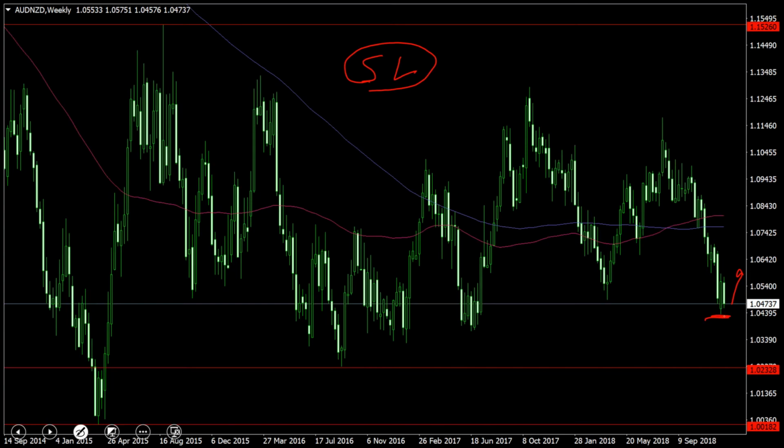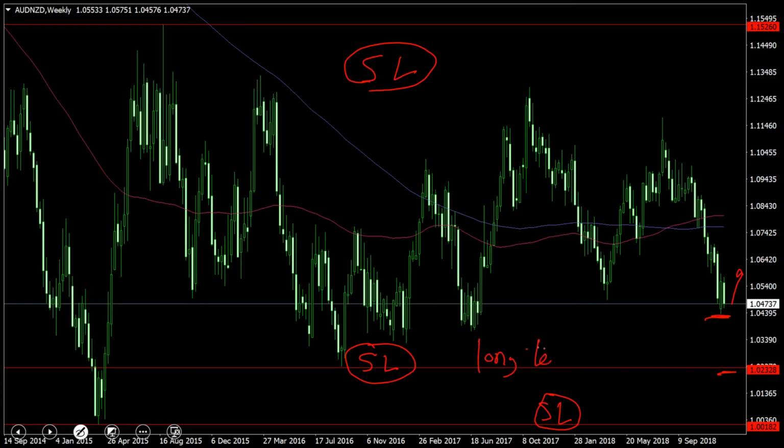Because the overall picture is bullish, and I will put the stop loss for my other buy trades at this level, which is the 1.0232 area. And even if I want to take more risk, I can put the stop loss at the 1.00 area. So two other stop losses can be defined for this pair if you're looking at it as a long-term buying opportunity.